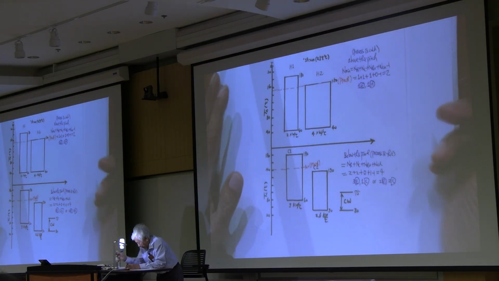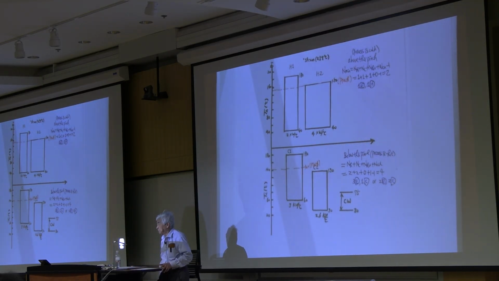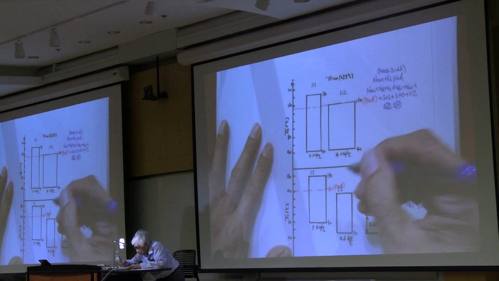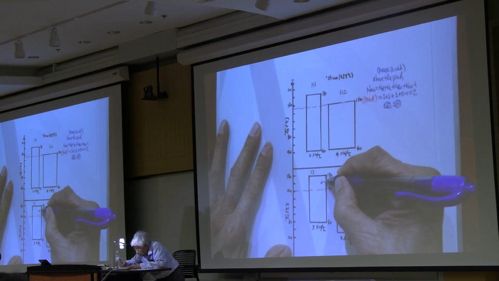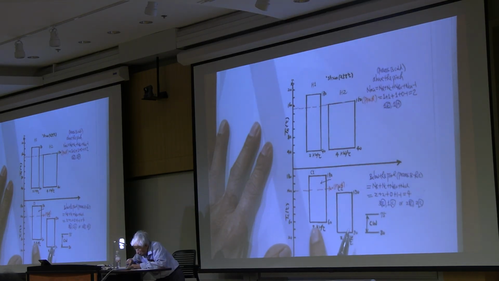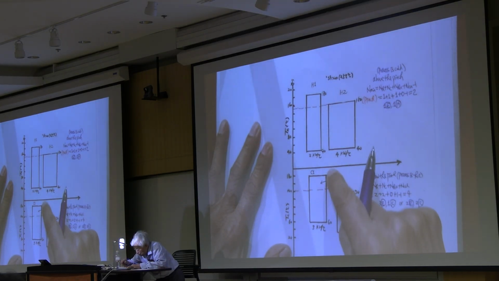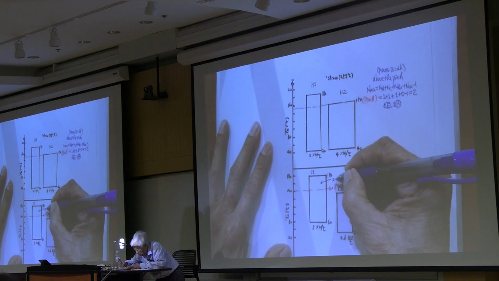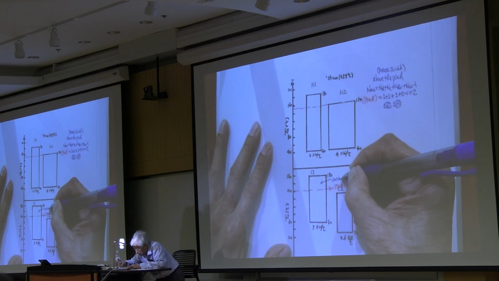So let's start above the pinch. This 3 kilowatt times 40, 120 kilowatt.